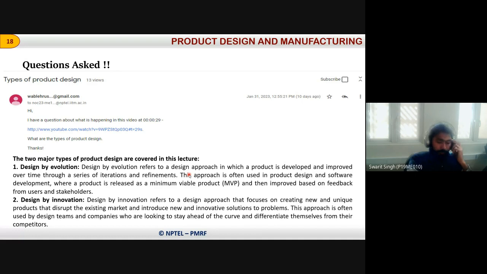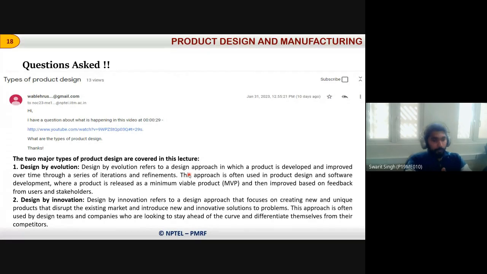It was the very first television developed. Or the very first mobile phone, or any other equipment that was launched in the market for the first time, that was design by innovation. So design by innovation refers to a design approach that focuses on creating a new and unique product that disrupts the existing market and introduces new and innovative solutions to a problem.